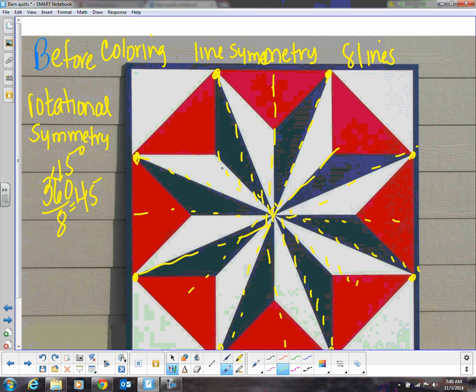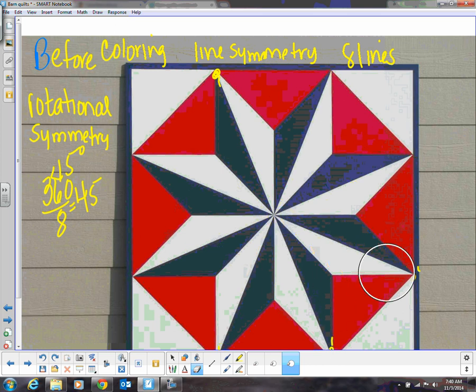All right. So now I'm going to erase. Once it is colored, does it have reflectional symmetry anymore? Does it have line symmetry? That means that when you reflect, blue must fall on blue. What will this blue fall on? White. So there's no longer reflectional symmetry here.